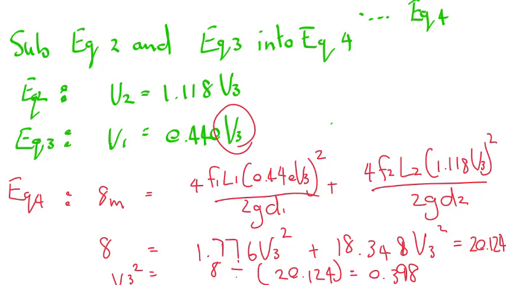Now that's not the velocity yet, so we have to square root it. Let's take the root of both sides, and then we will end up with V3 being equal to what, in meters per second.